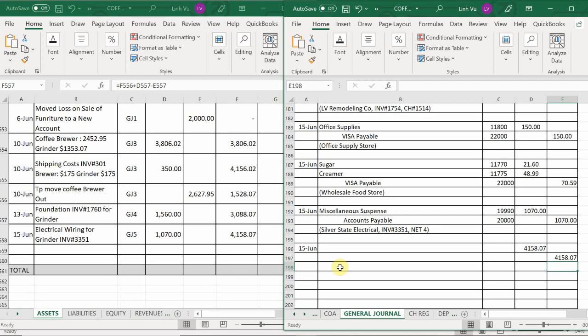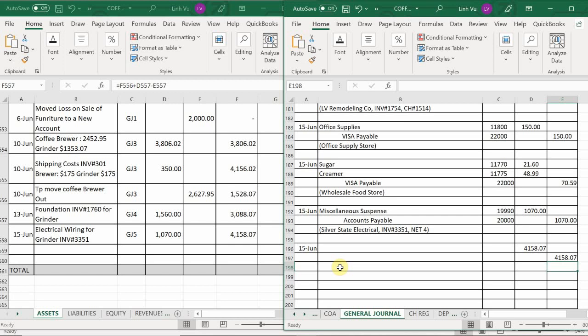Still not, because that's all the movement from the miscellaneous, and you have many different things there. If you add the foundation, it is 1560, and the electricity, the wire, is 1070, and that's all I see from the grinder. The rest is the brewer.